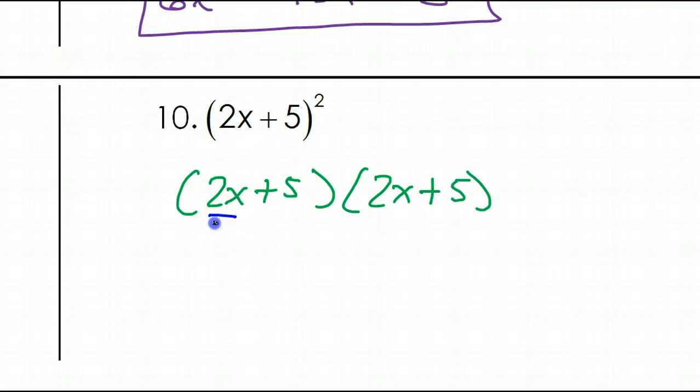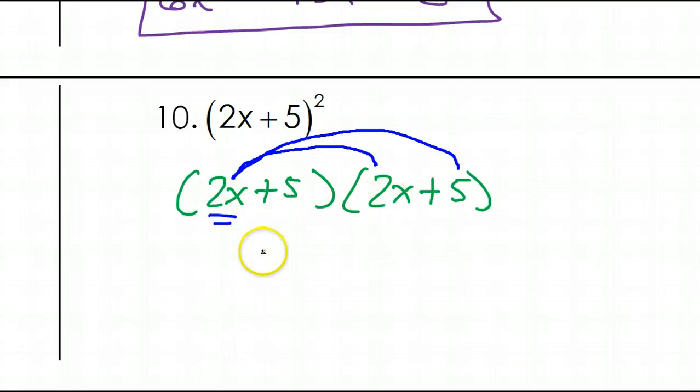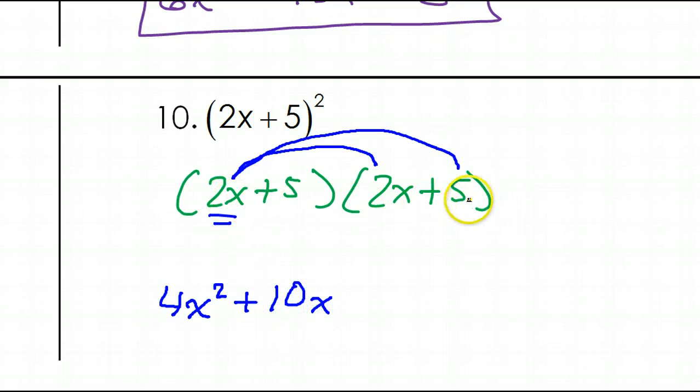So we will start with the 2x and we will distribute that. So 2x times 2x. 2 times 2 is 4, but x times x is x squared, so I'll have 4x squared. Now I need to do 2x times 5. Well, 2 times 5 is 10, positive 10. So that'll be 10x because this has an x and this one doesn't.